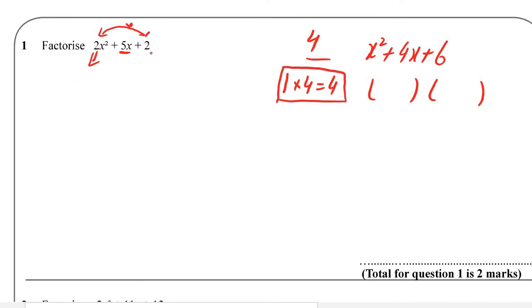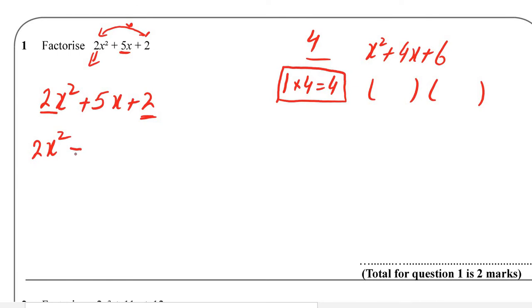So how do I write it down now? I'm going to write down the question again: 2x squared plus 5x plus 2. The first number and the last number are not going to change. We write them as they are, so 2x squared. Now we have 1 and 4, so we write 4x and plus 1x.